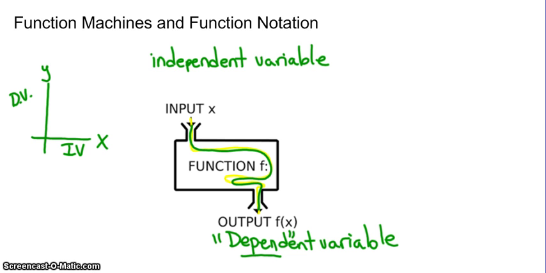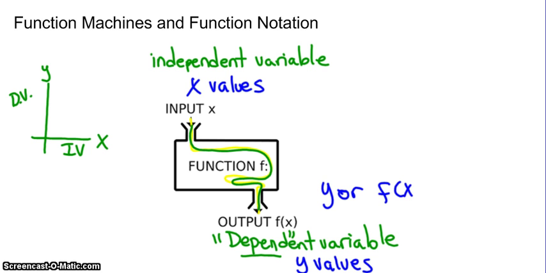So that's your output. The other way we've been referring to these is the following. We also just call the input all your x values, and therefore your output will be all your y values. So what this really means is now we have a different way to call y. Instead of y, we can also just say f of x.